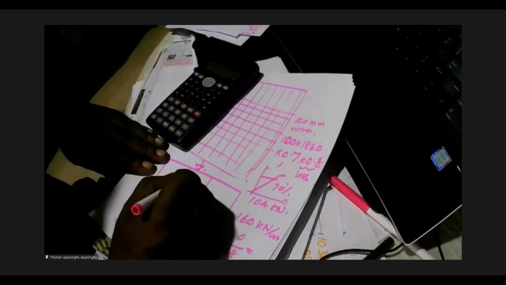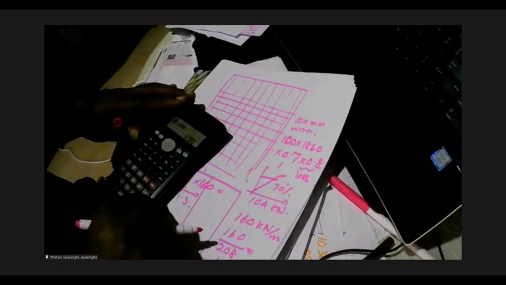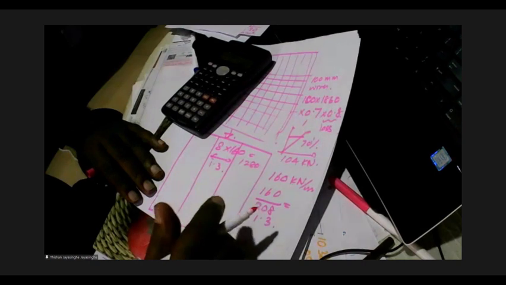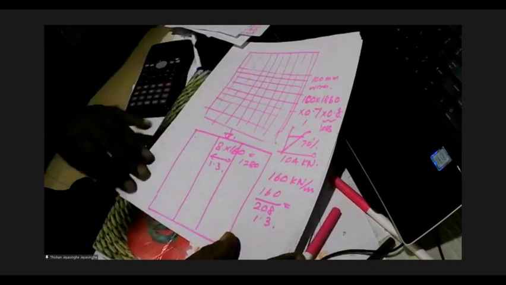But the maximum spacing is about 8 times the slab thickness. 8 into 160, 1280. So it's okay. So you can have the tendons at 1.3 meters. And the maximum spacing of tendons is 1.5 meters. That's the usual way we do it.